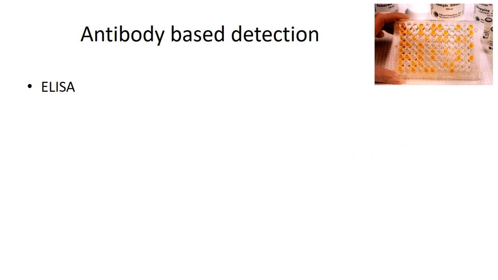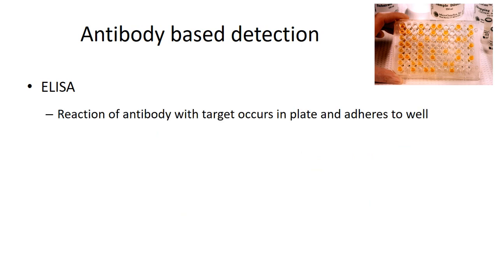Now, in terms of antibody-based detection, what ELISA does is it measures the reaction of an antibody with a target that you're interested in, and it's a reaction that takes place in the wells of the plate. The reason this is useful is that if we have a molecule of interest, for instance C-reactive protein, which is used clinically to determine if someone has an infection, we could take a blood sample and measure the amount of C-reactive protein present in that blood sample.